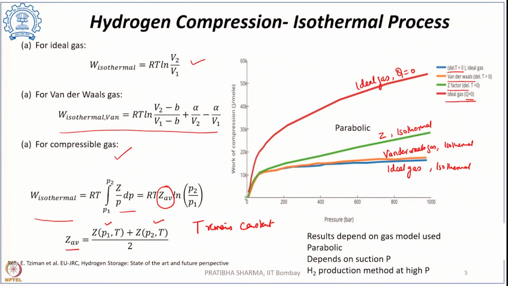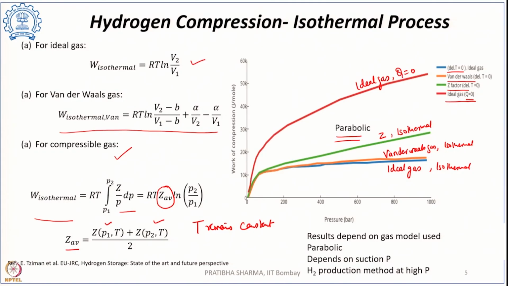Now, an important thing to be noted here is that other than the effect of the gas model used, the curve is not linear. It shows a parabolic nature, and that is a very important consideration because the work of compression, its variation with the delivery pressure or the discharge pressure, is showing a parabolic nature.